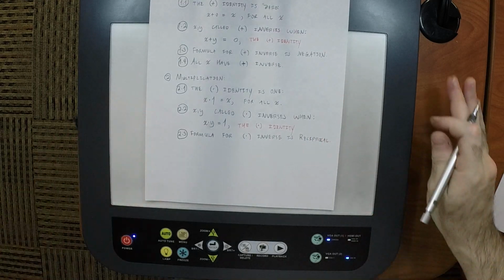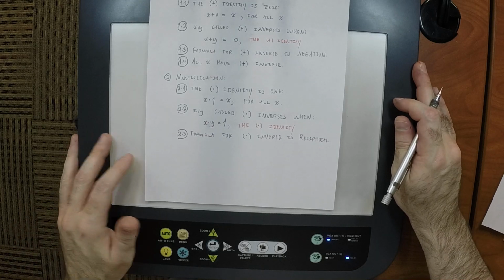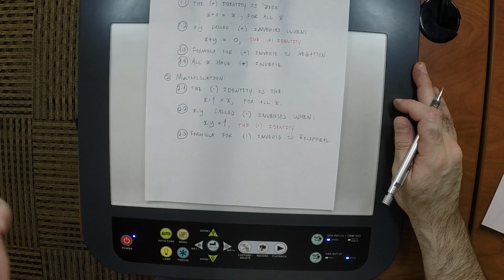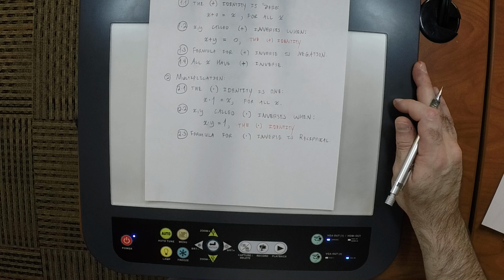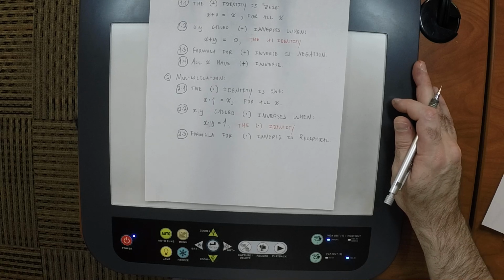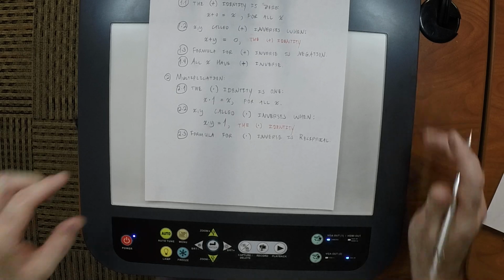So, for example, what is the multiplicative inverse of 2/3? 3/2. Because when you multiply 2/3 and 3/2, the result is 1. Similarly, the multiplicative inverse of -4 is 1 over -4. Because when you multiply -4 and 1 over -4, the result is 1.